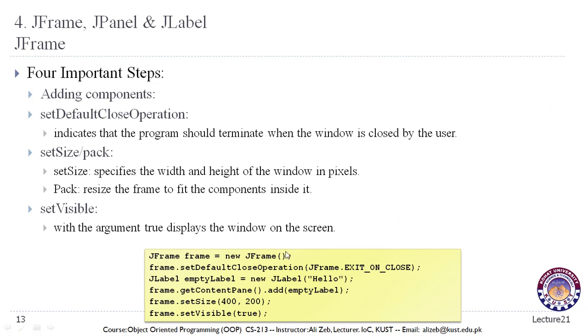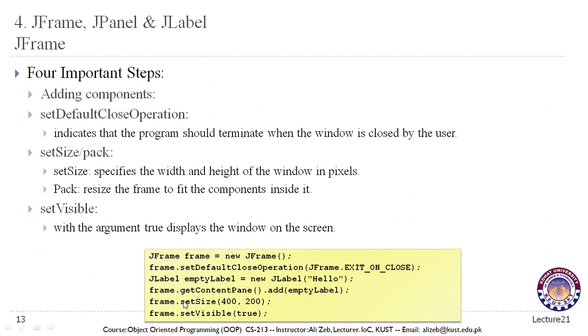And this is an important property to set for our frames, our JFrames. JLabel, we create an empty label and then we can add this label to the frame. So we create a label object and we can then add this object to our frame using get content pane, and then adding the label to that pane.